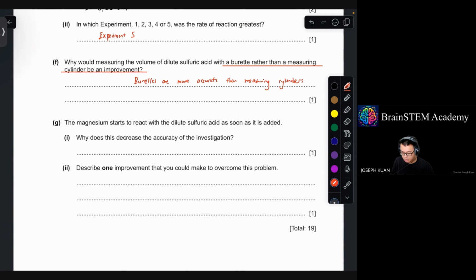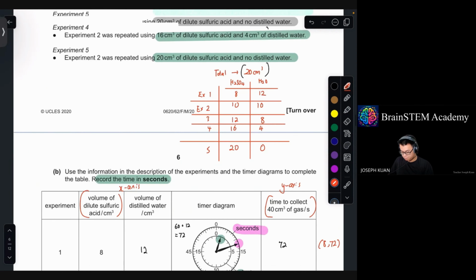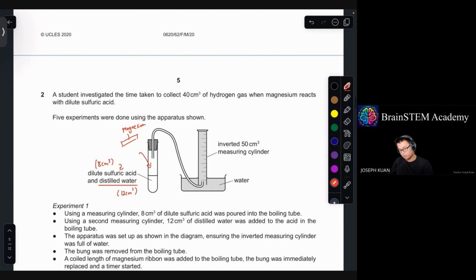Right, for G, the magnesium starts to react with the dilute sulfuric acid as soon as it is added. Why does this decrease the accuracy of the investigation? Let's look at the setup. Okay. So the problem is when you add the magnesium into the acid, we will expect it to straight away react.